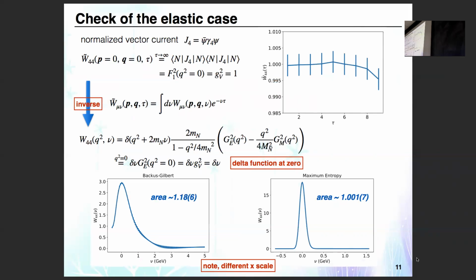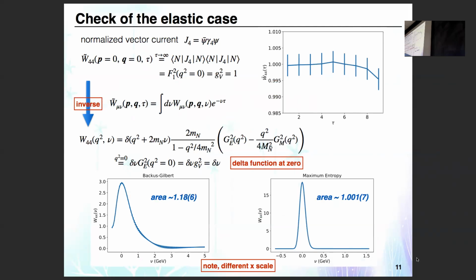We now have the Euclidean hadronic tensor as a function of tau. We can use the inverse method to do the inversion, and this turned out to be numerical. Theoretically, this elastic hadronic tensor is like this. In our particular case, with zero momentum transfer, it's a delta function at 0.